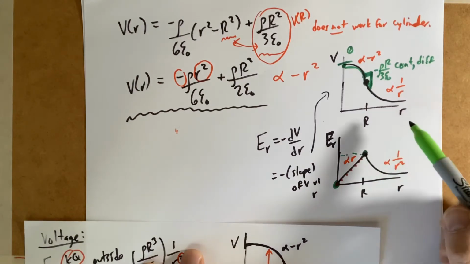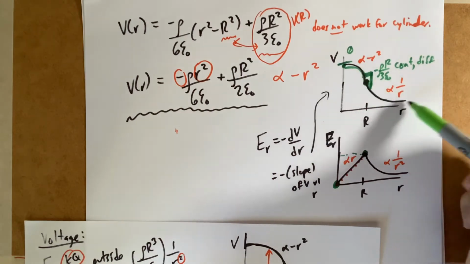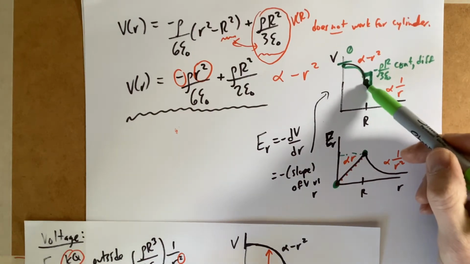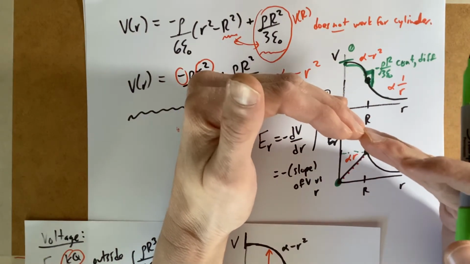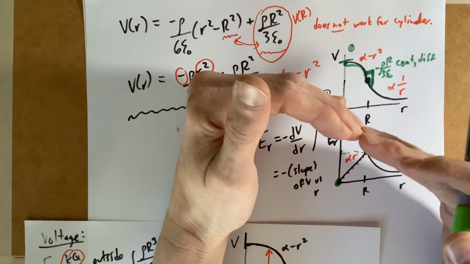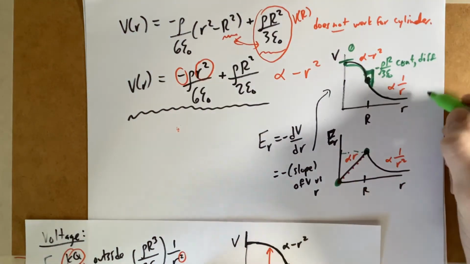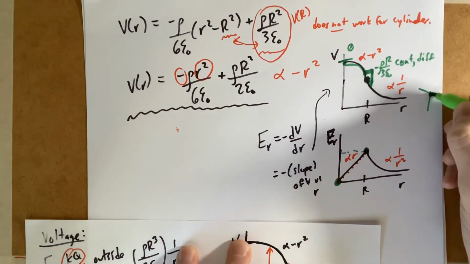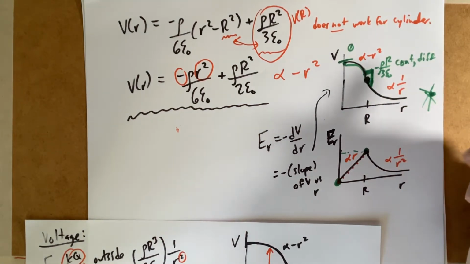Even though we stitched this voltage together from two different functions, they not only join up, which of course we forced, but they also stitch together with the same slope. So it's not like you have this weird kink where the slope is undefined. They do agree in terms of their slope as well.